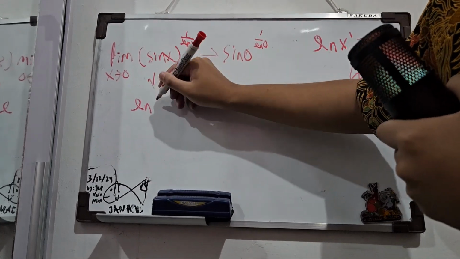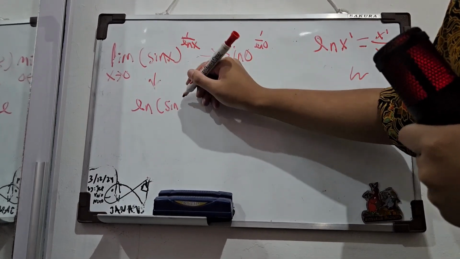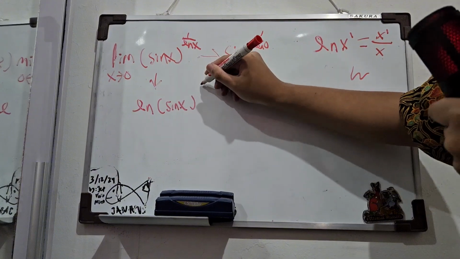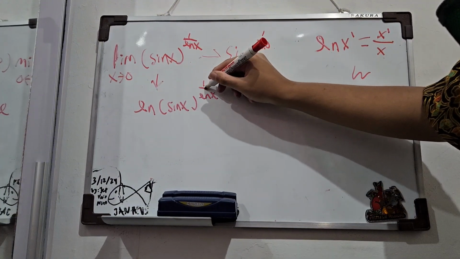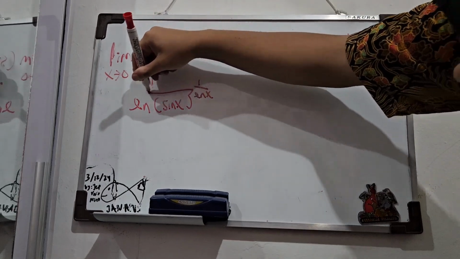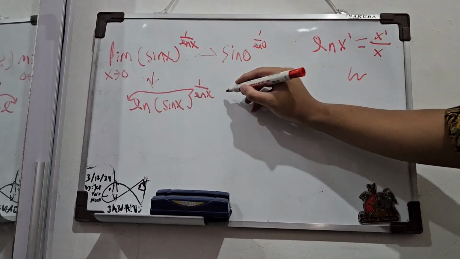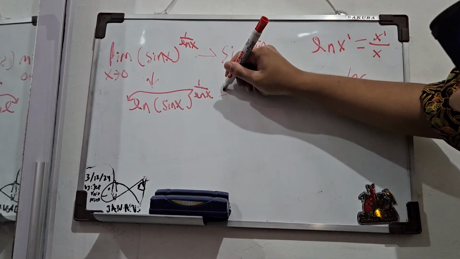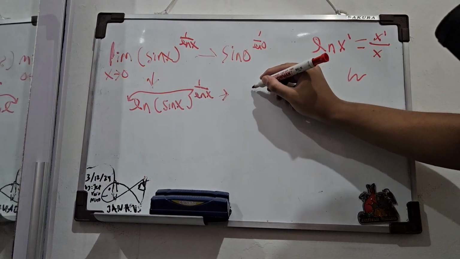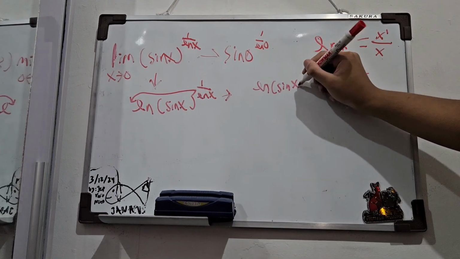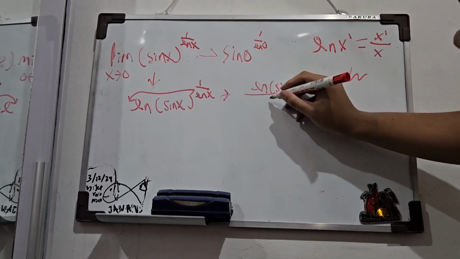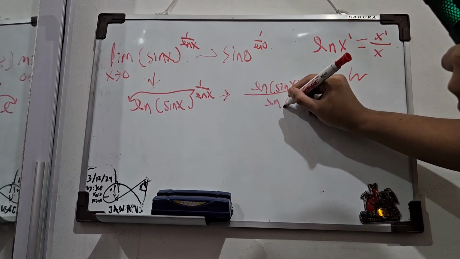So ln of sin x to the power of 1 per ln x. We can just put this exponent right here, which would become ln sin x divided by ln x.